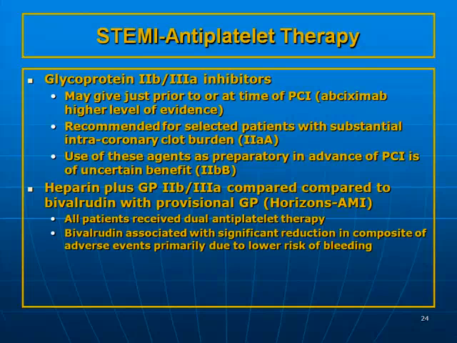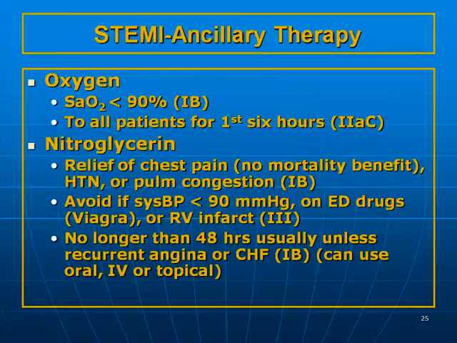Glycoprotein IIb/IIIa receptor antagonists have a potent antiplatelet effect, and so there is a slight increase in the risk of stent thrombosis, of blood clot happening at the time of PCI when you use bivalirudin by itself.